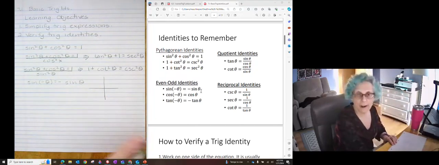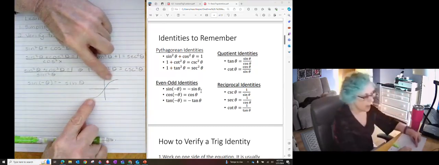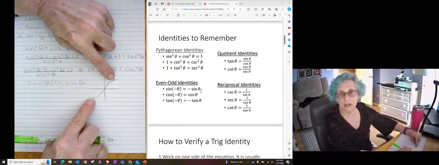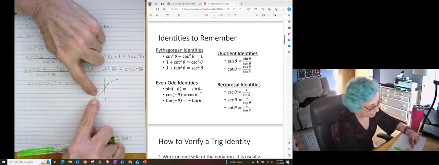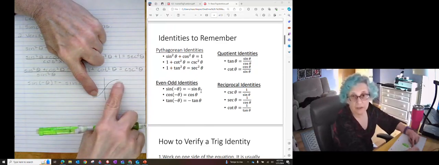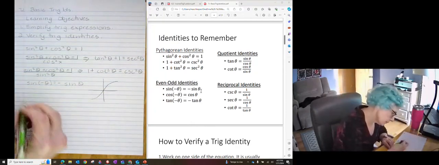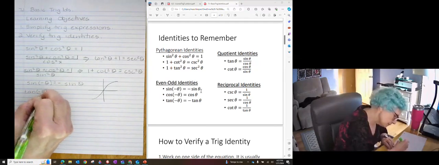Looking at the graph of sine, it is opposite on different sides of the y-axis. So the sine of negative theta over here is equal to the negative of sine of theta over here if it's positive. And that's true also for tangent.